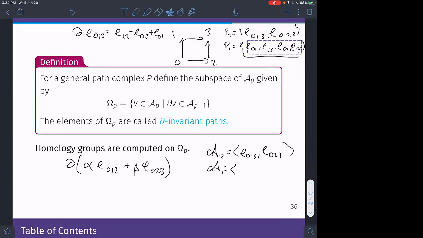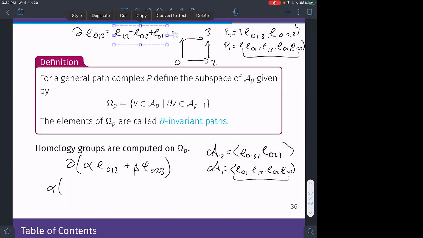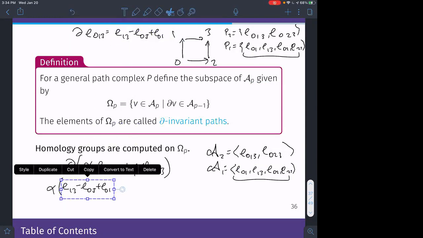So maybe I'll just copy this. There. So if I do this, I should end up with alpha times this, because it's a linear operator, so I can just do this.